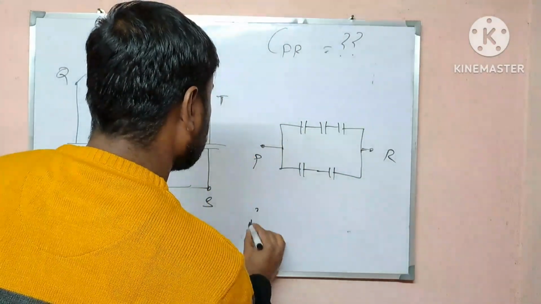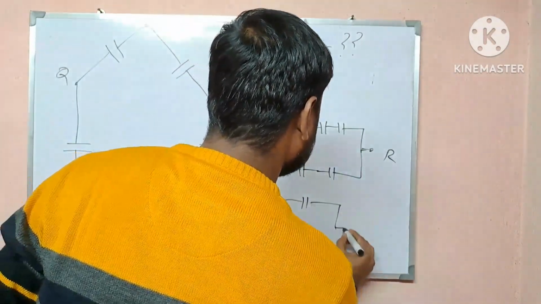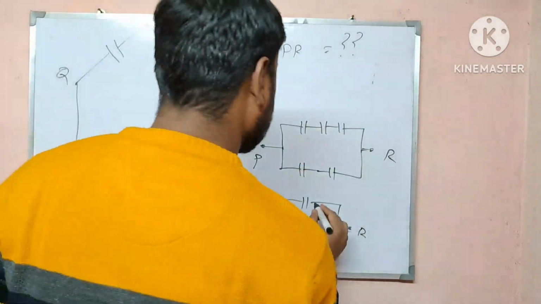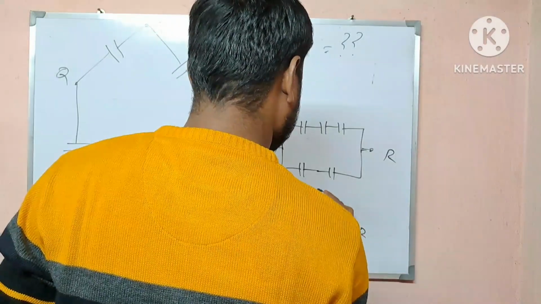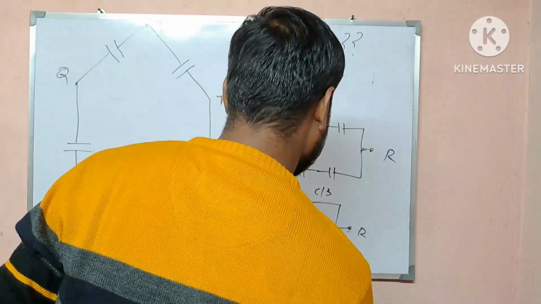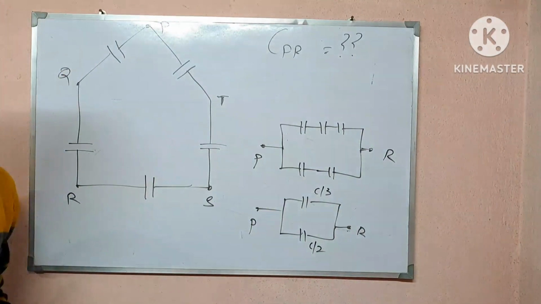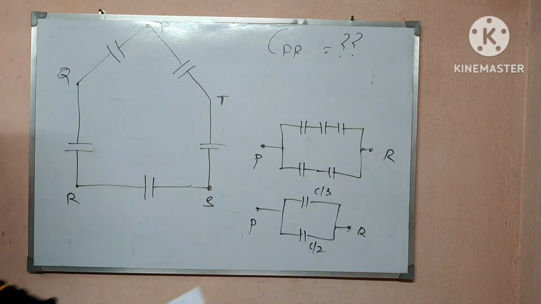So now what will it look like? There are 2 capacitors from P to R. Everyone will be able to solve it now. So this is basically C by 2 and this is basically C by 3. Now they are connected in parallel. You just have to add these 2 values. Clear?